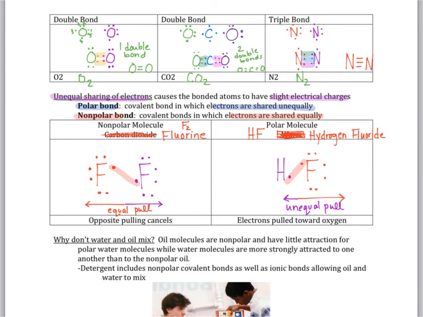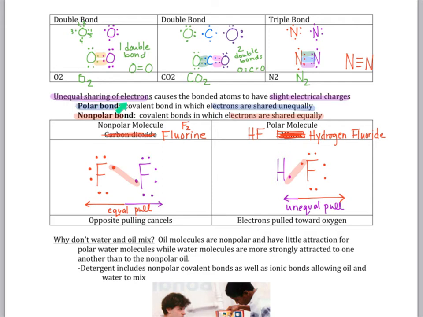Just like friends or brothers and sisters may not share toys equally, some electrons are not shared equally between atoms. This causes the bonded atoms to have slight electrical charges, because one of the atoms pulls the electrons toward it more often, and so it's not equally shared.